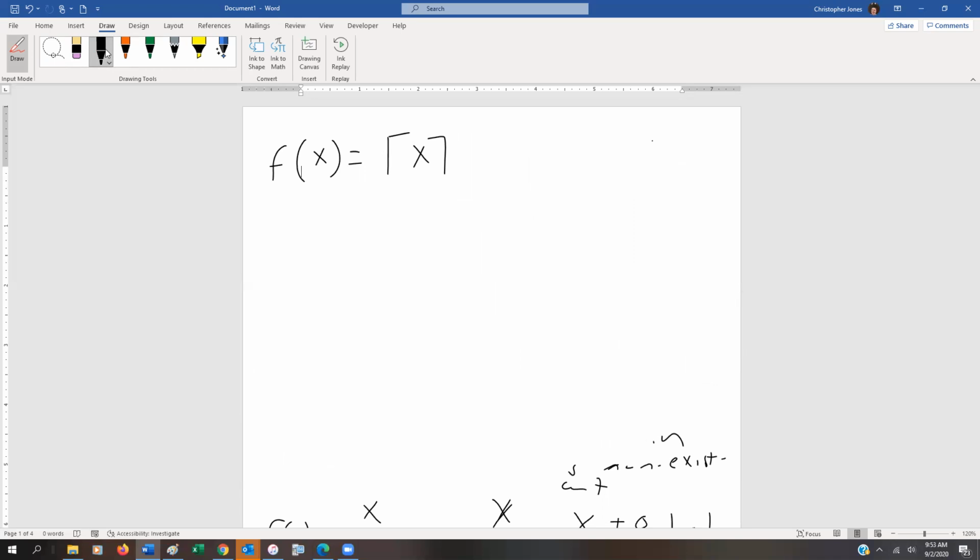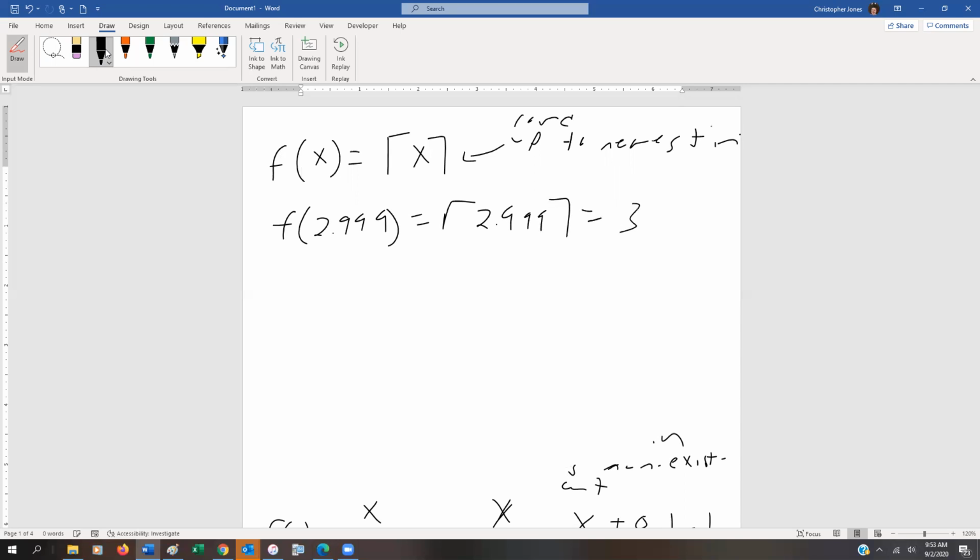And basically what a step is, it just says round up to the nearest integer, okay? So for instance, let's say we had f at 2.999, that would be the ceiling or the greatest integer of 2.999, which would be equal to 3.